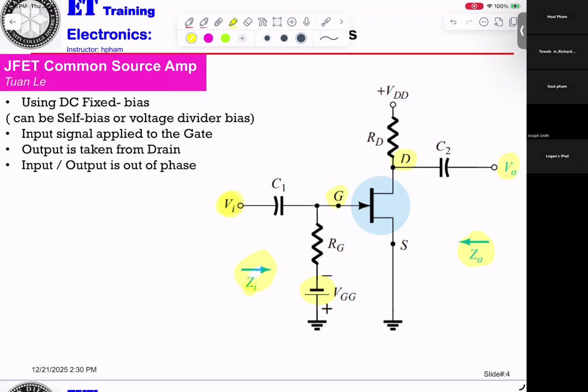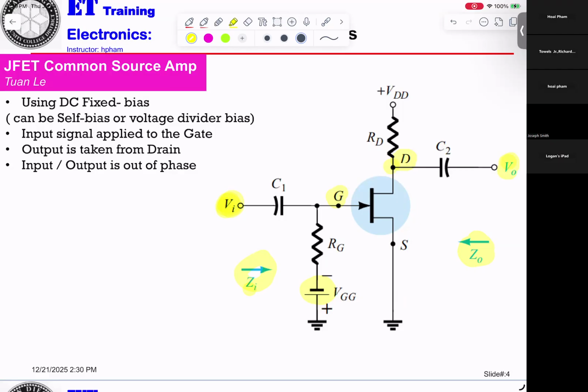And the output impedance, you got to short out C2, and there are no other resistors, so it would be RD. Perfect. Now, the input signal is applied to the gate; this is the input here. Output taken from the drain.